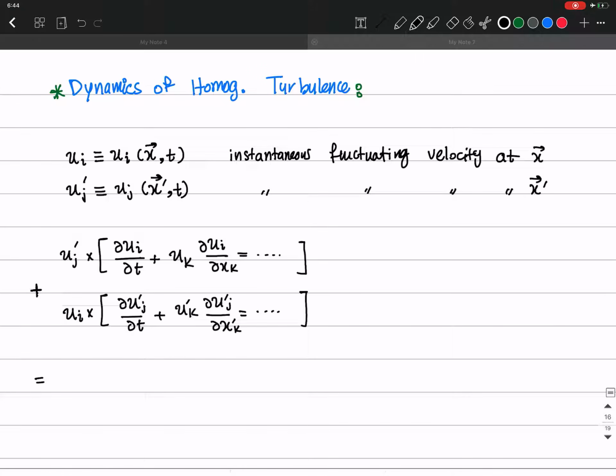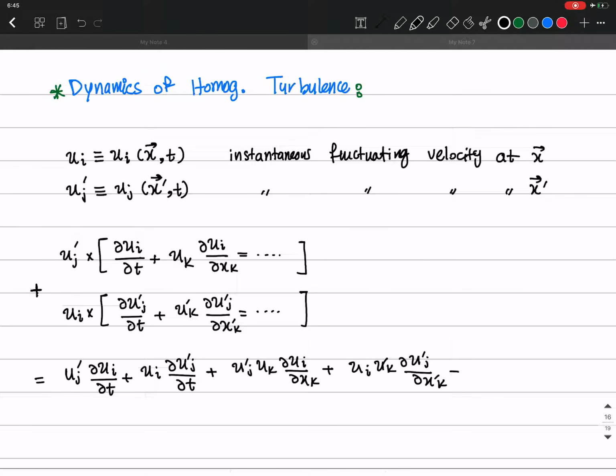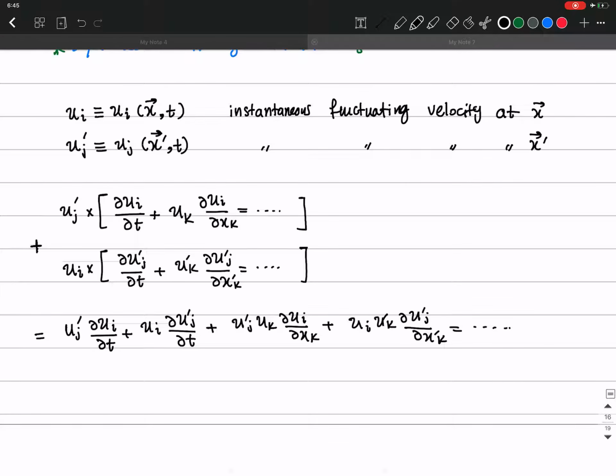What I'm going to get is uj prime partial ui over partial t plus ui partial u prime j over partial t plus u prime j uk partial ui over partial xk plus ui u prime k partial u prime j over partial x prime k equals the right hand side.